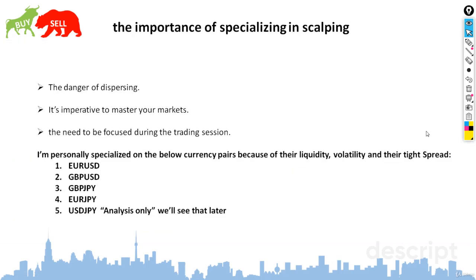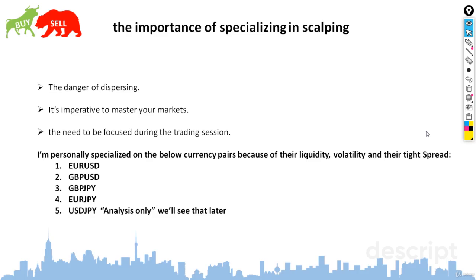The importance of specializing in scalping. The first point, if you are not specialized in a certain number of currency pairs, you will be in danger of dispersing. A dispersed trader tries to catch all the movements in different currency pairs, and the result is losing a lot of money. The second point, it's imperative to master your market.